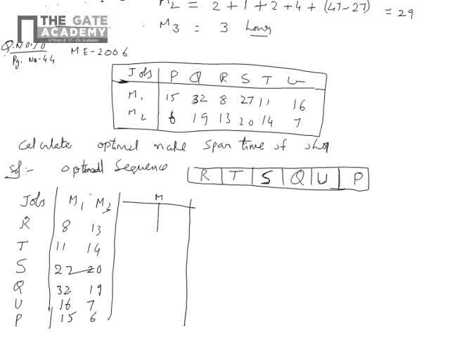So machine 1, in and out time. It starts at 0 and ends at 8. 8 plus 11 is 19. 19 plus 22 is 41. 41 to, so 19 plus 27 is 46. 46 plus 32, for Q, is 78. 78 plus 15 is 94. 94 plus 6 is 109.